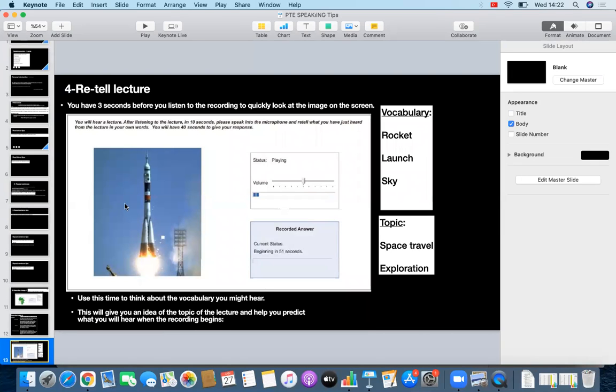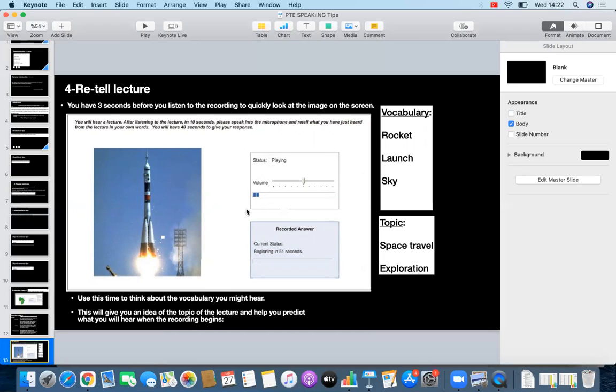Retell a lecture. Right, in this one, you have 3 seconds before you listen to the recording to quickly look at the image on the screen. Therefore, it is important to think about the contextual vocabulary. For example, rocket, launch, sky. Or think about the topic: space, travel, exploration.